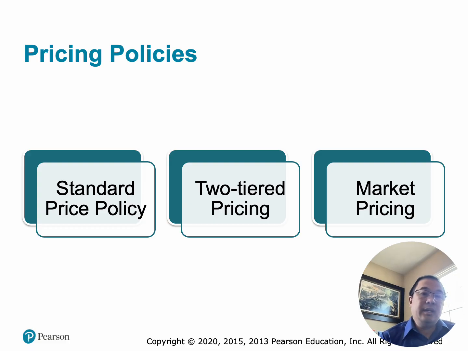Advantages of this would be it maximizes competitiveness, matches local purchasing power, and better reflects market conditions. Disadvantages, though, are that it's more complicated to manage and there's risk of gray market imports. Gray market means customers buy in low-priced countries and then resell in high-priced countries.